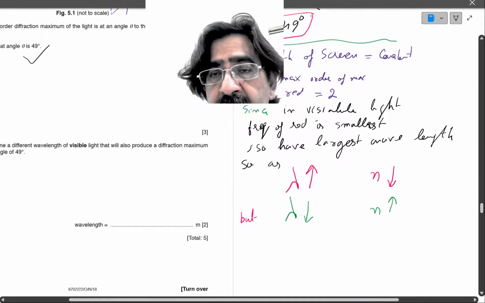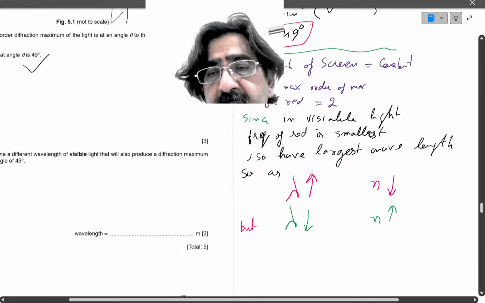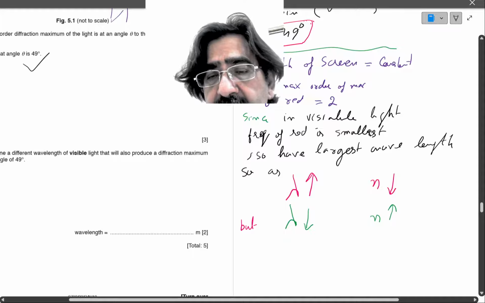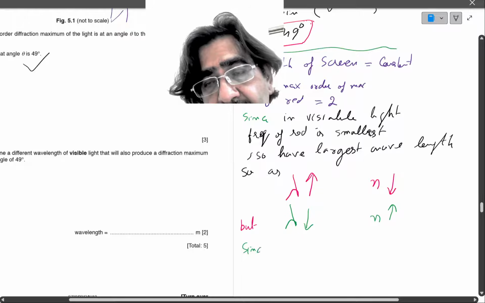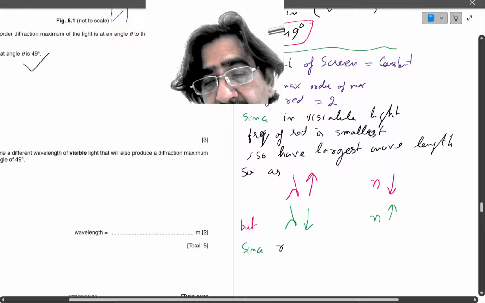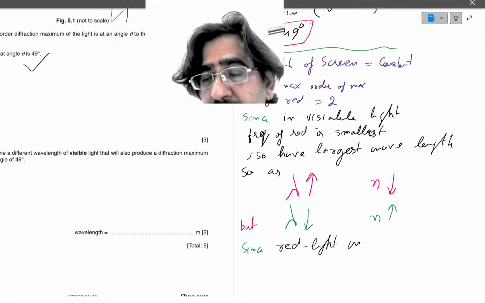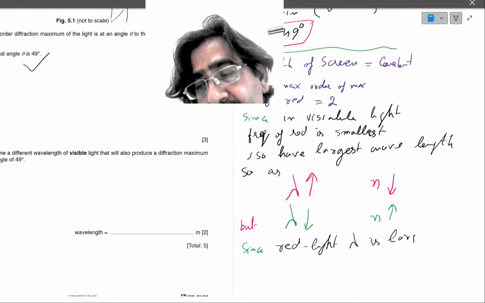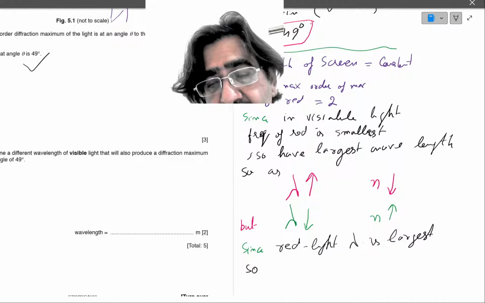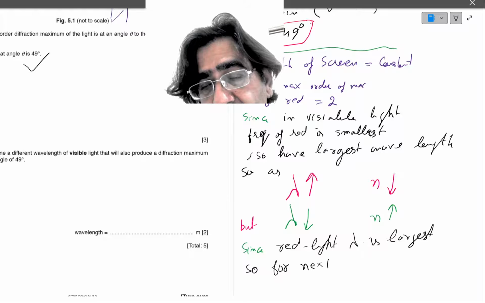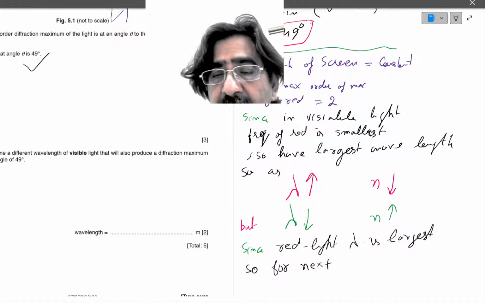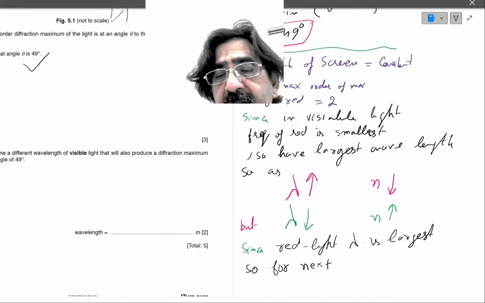Since red light has the largest lambda, a smaller lambda will not be possible for it.